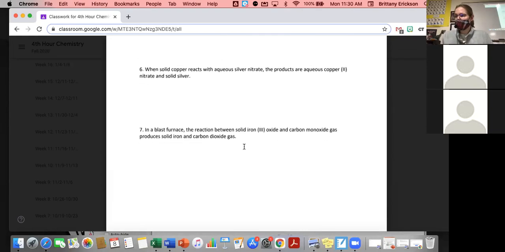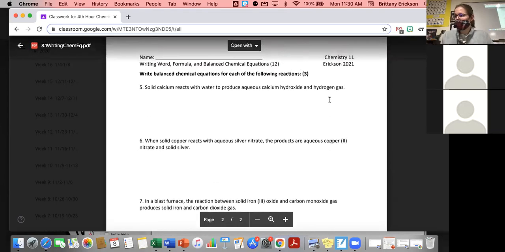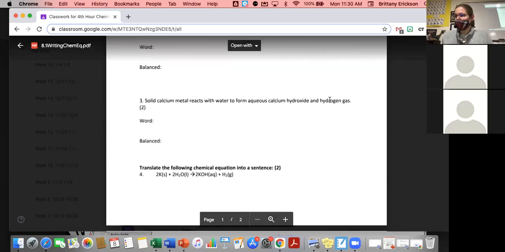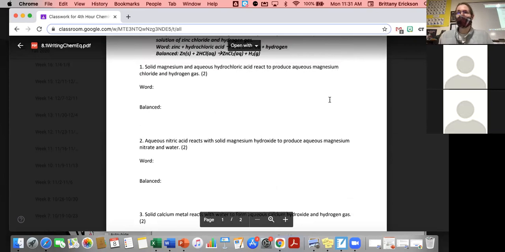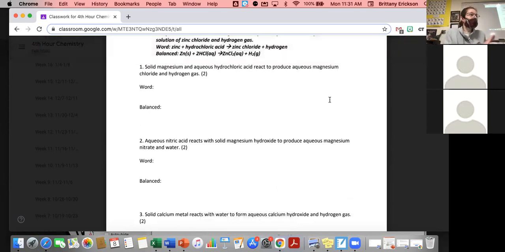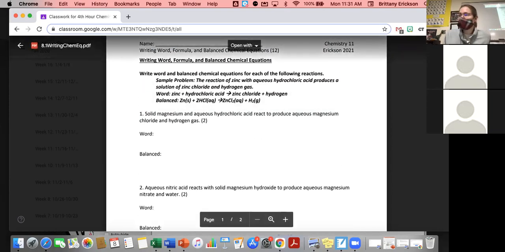Don't forget states. I think all of these have states. I put the charge for copper there, so we're good. Otherwise, I did my best to pick ones where you didn't have to worry about transition metals. The rest of the class period is for you to work on this, and feel free to ask questions. We will start that tomorrow.